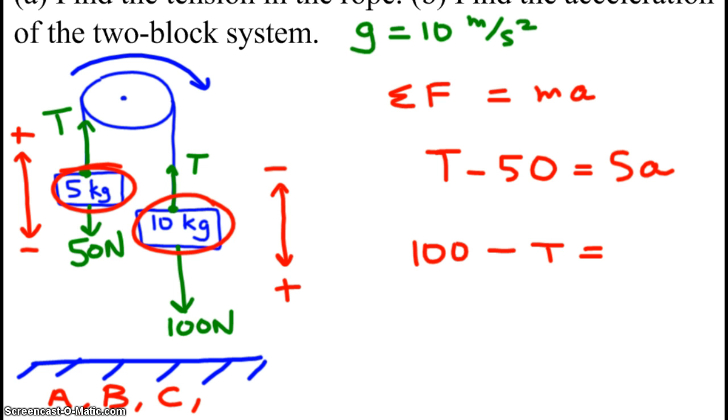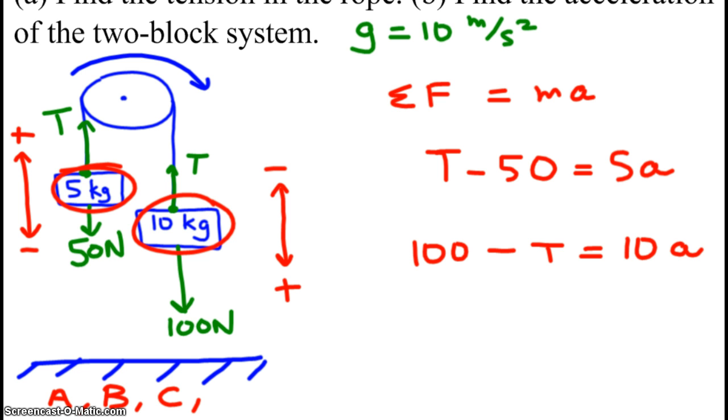The mass of the second block is 10, and a is the same acceleration as for the first block. We now have a system of two equations with two unknowns, so you solve using whatever algebra you prefer. There are several methods to get the answer.